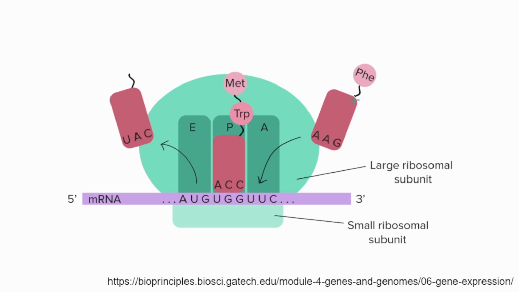And what happens is the mRNA is pushed in, and it's read from 5' to 3' end, which is just the ends of nucleic structures. Also, each tRNA is attached to an amino acid.